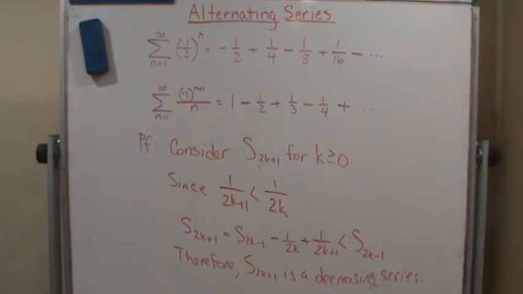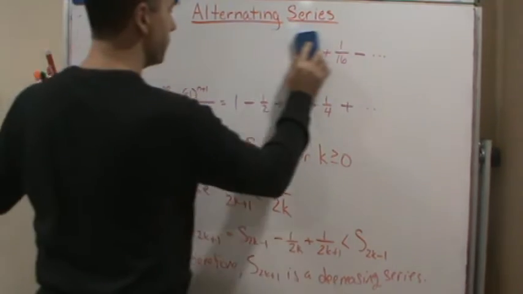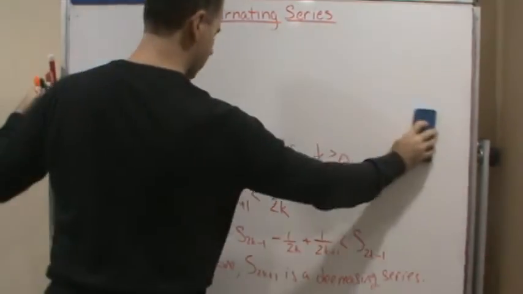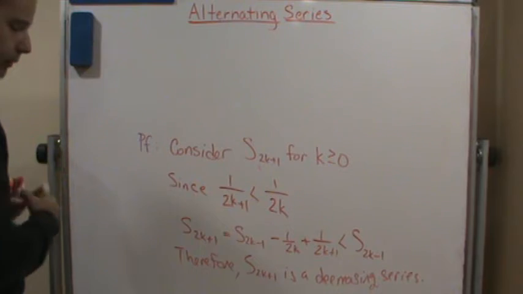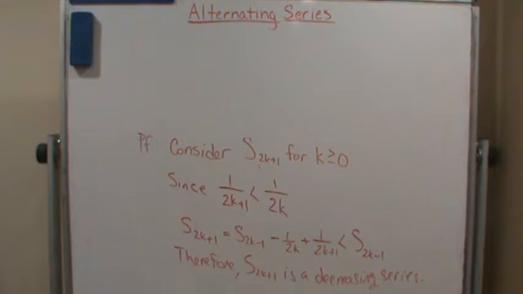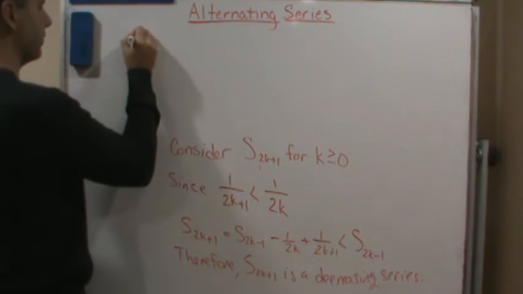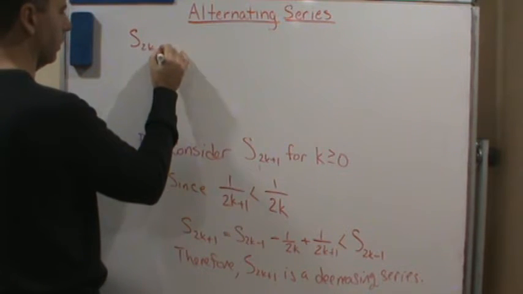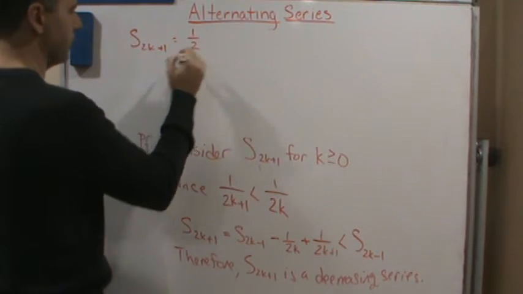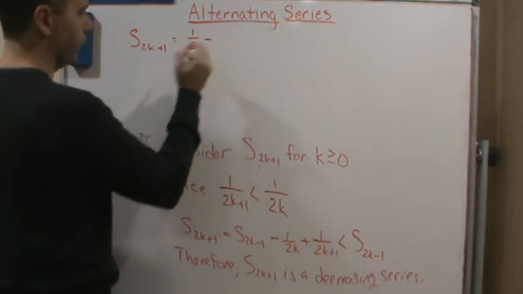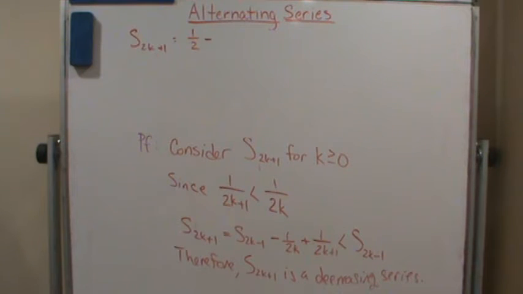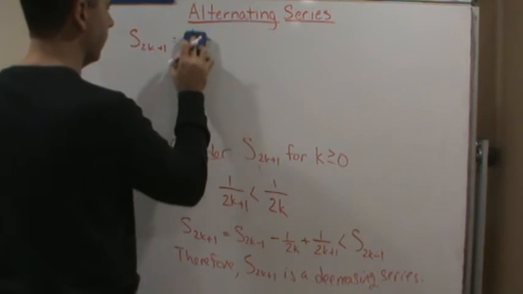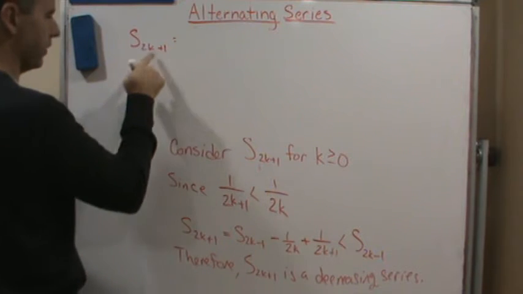Now, also, let's pair some terms up. So let's write out some of these terms, S of 2k plus 1. Oh, sorry, I keep forgetting this starts at 0.